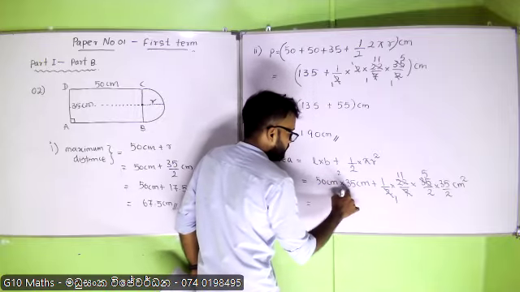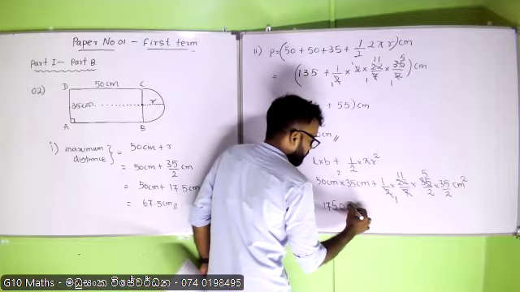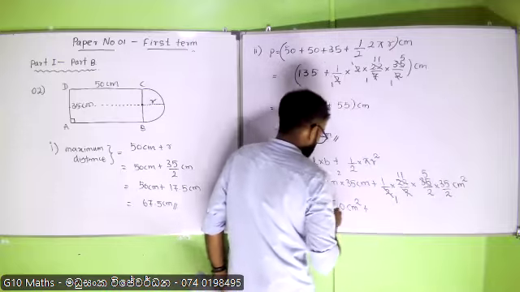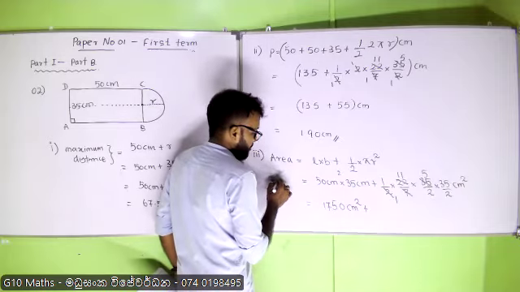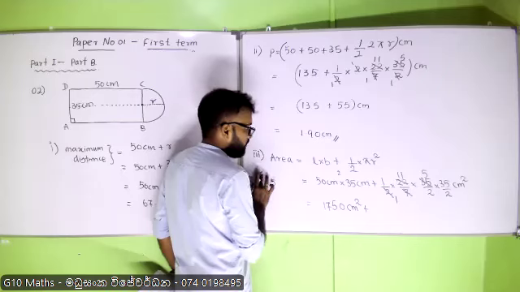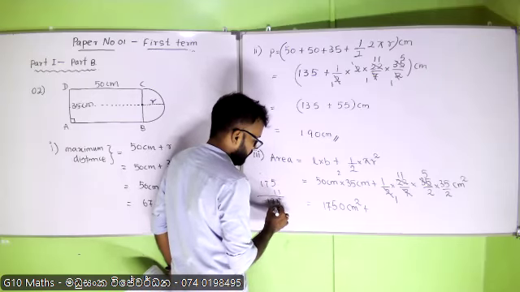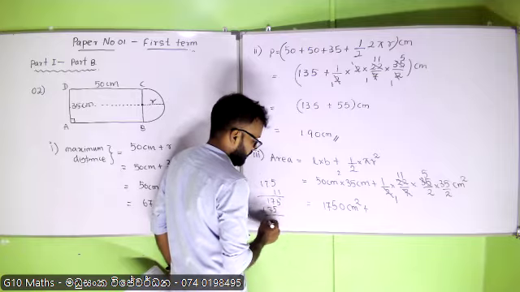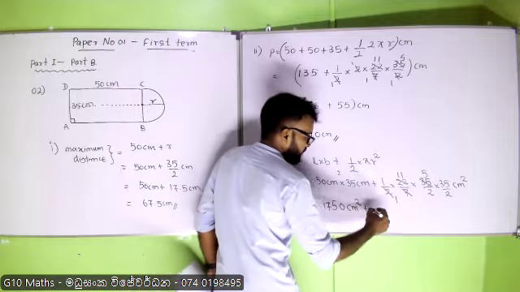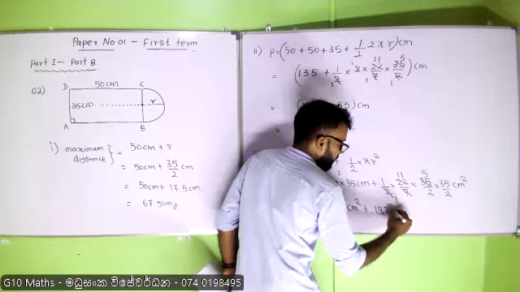So 2, 5 times 3, 15. 7 square centimeters, plus 5 times 35. 5 times 2 is 10, 70, 175. 1925 on top, divided by 4 square centimeters.